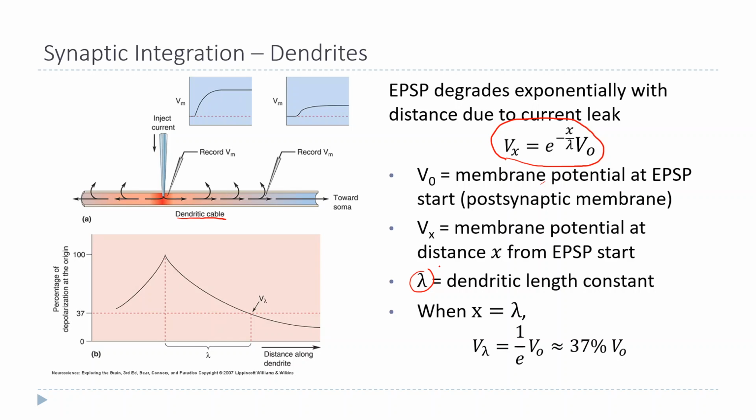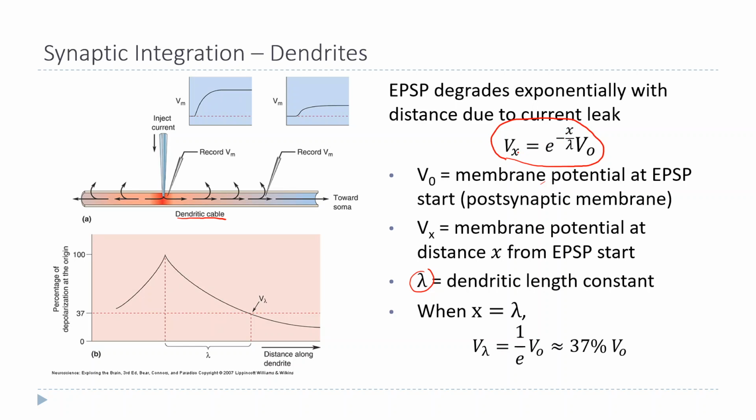Just like with axons, thicker dendrites have a larger length constant than thinner ones do. Dendrites that have a lot of open ion channels will have a shorter dendritic length constant because there's more current to leak out. Another way to think about the length constant is that if x is lambda, in other words, when you're measuring at a distance equal to lambda away from your starting point, then you can just plug lambda into x up here.